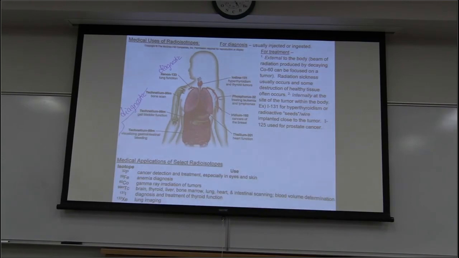So instead of going in and cutting, yes, they have to go in, but it's a very small incision, and they're putting something in there that's radioactive that, while it's there, is emitting the radiation that's killing the cells around it. Iodine-125 is used like that in some prostate cancers.